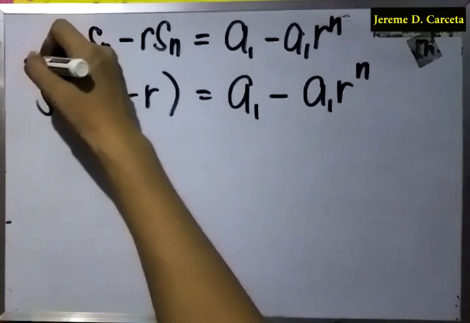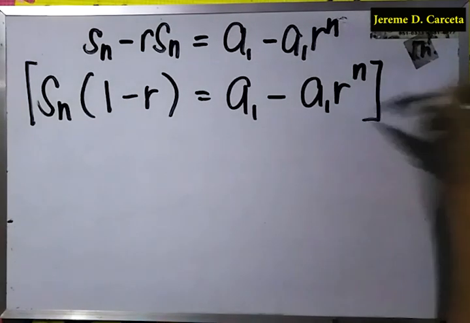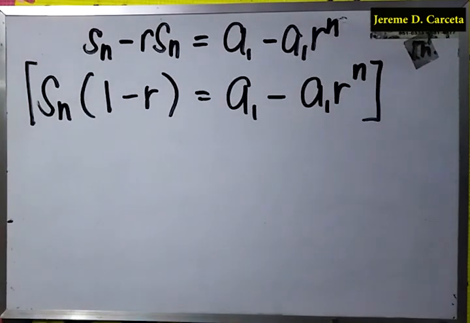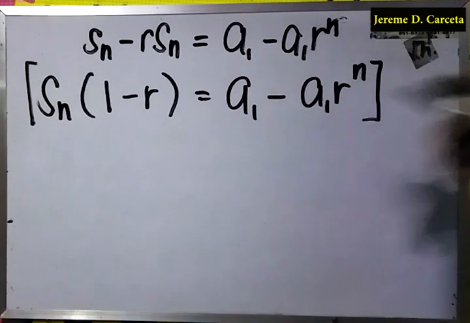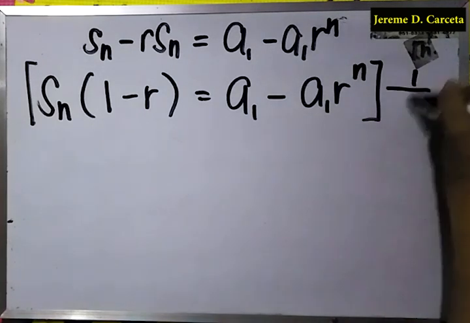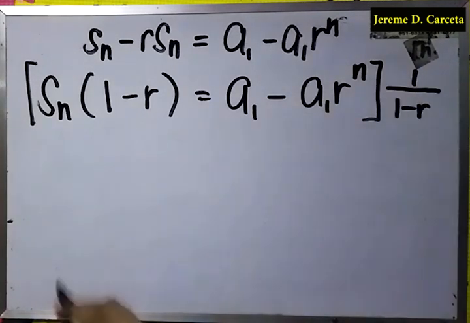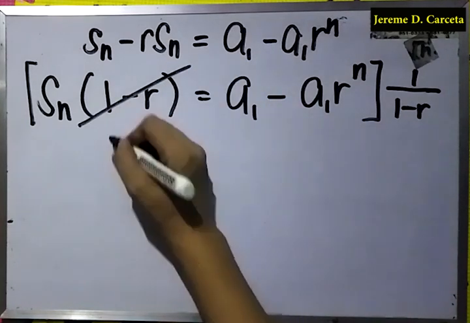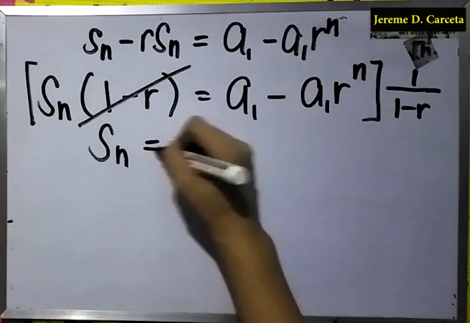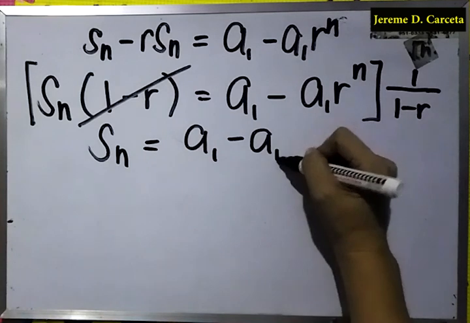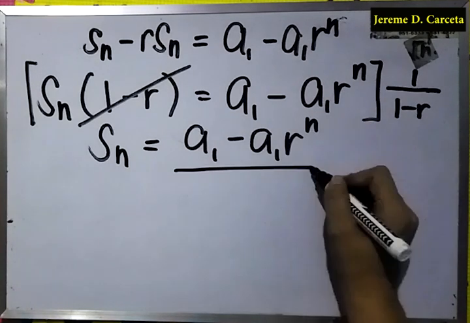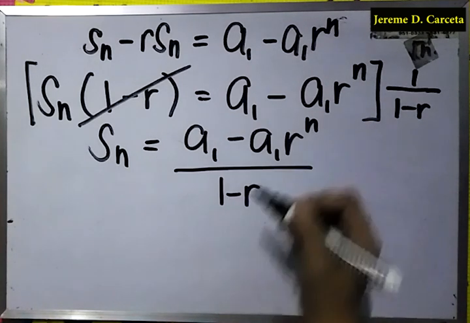So we apply the multiplication property of equality. So multiply the whole equation by the reciprocal of 1 minus r. That is 1 over 1 minus r. So in this case, this one will be cancelled. We have s sub n is equal to a sub 1 minus a sub 1 times r raised to n over 1 minus r.